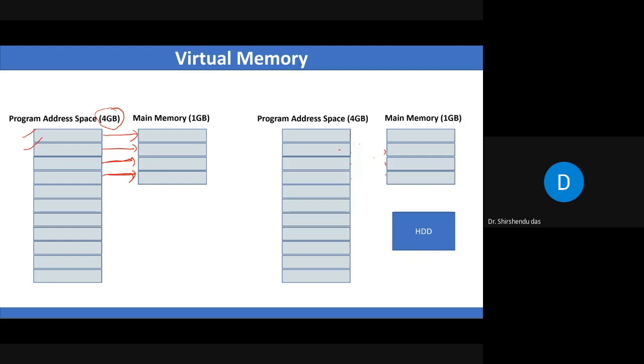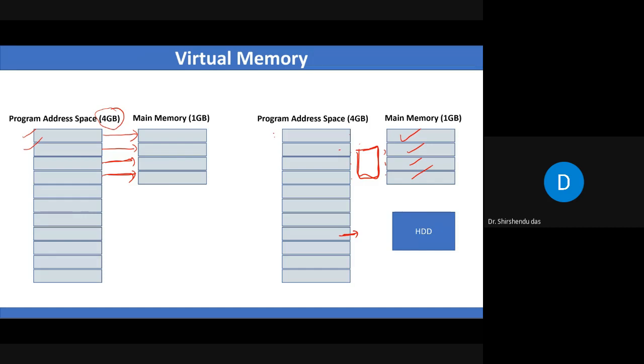How? Suppose now this main memory is full. There are already 4 pages at this moment. If you want to fetch a page into main memory, then you will go to this remapping unit. This is normally called the page table. You will go to the page table and check the status of this page.